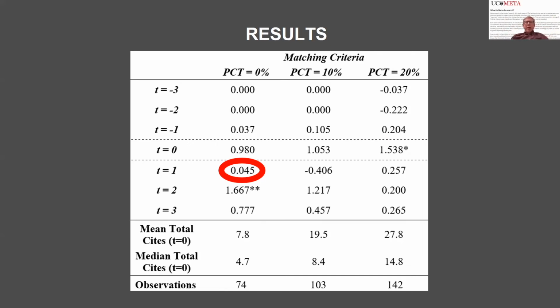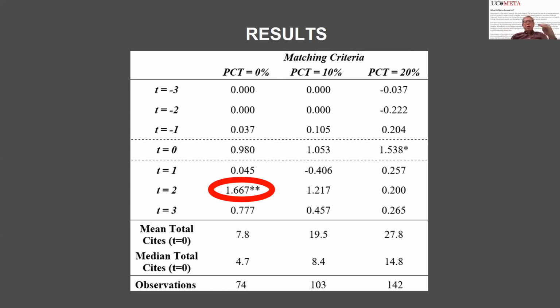So it's looking at that difference 1 year after the replication is published. And the estimate says that original studies that received negative replications got 0.045 citations more in that year than original studies that received positive or mixed replications. Okay, so that's 1 year after the replication was published.